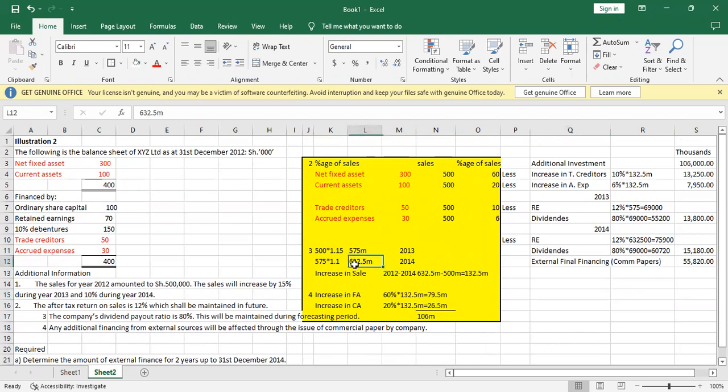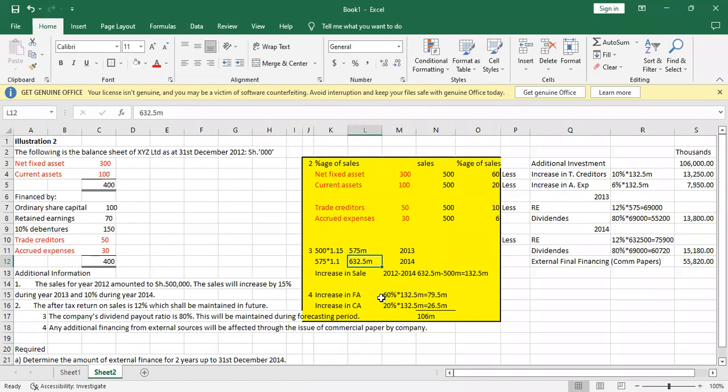This is our increase. So 60%, I'm getting 379.5. You can work it this way. You can see our increase was 79.5, right?